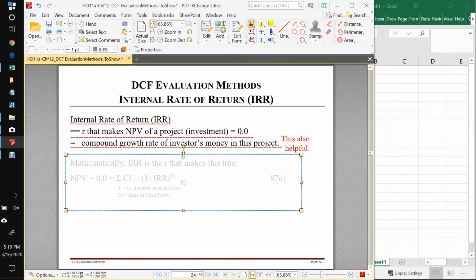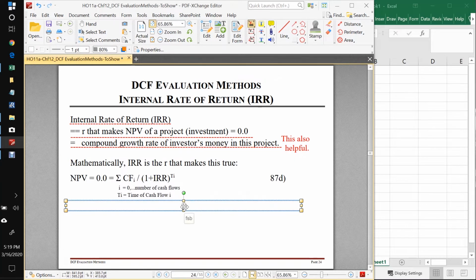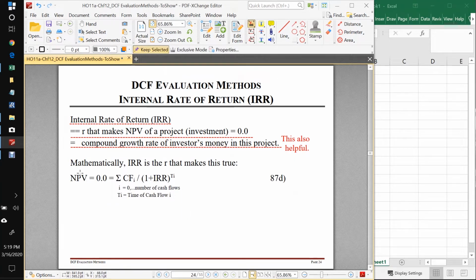So now with that definition in mind, we can look at this mathematically and say mathematically the internal rate of return is the discount rate that makes this equation true. And this is another thing you just have to memorize. It makes the NPV equal to 0.